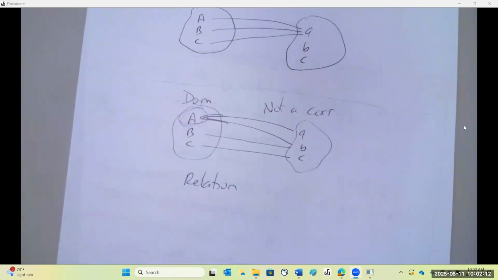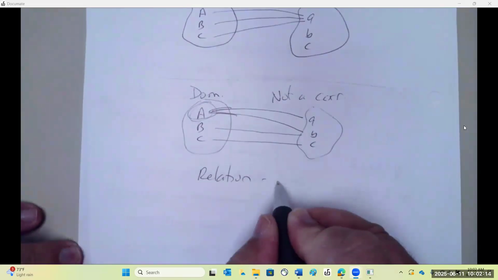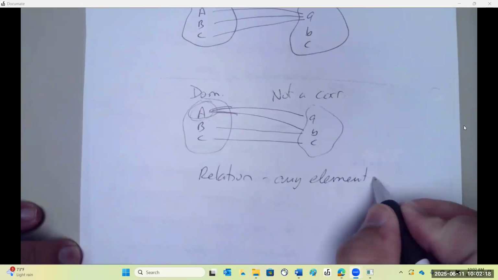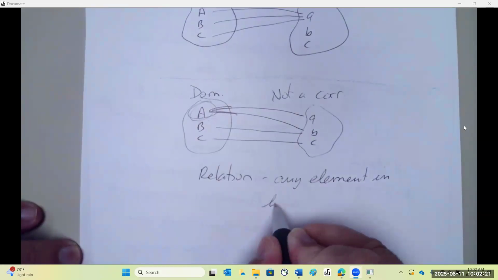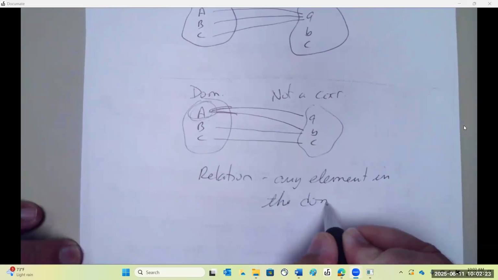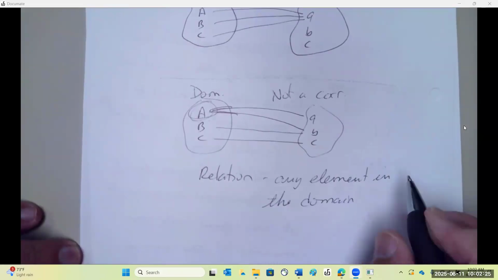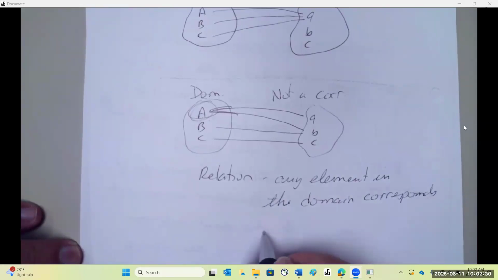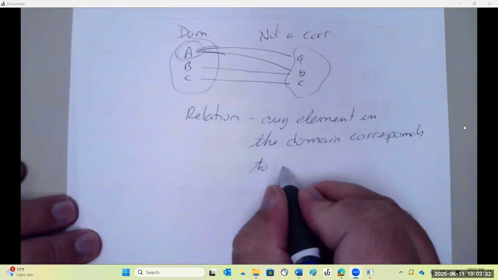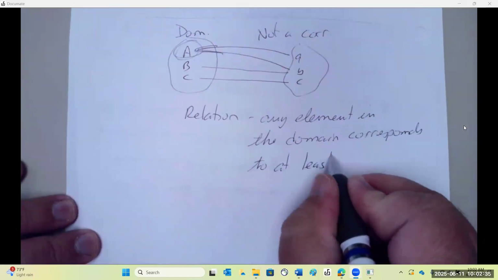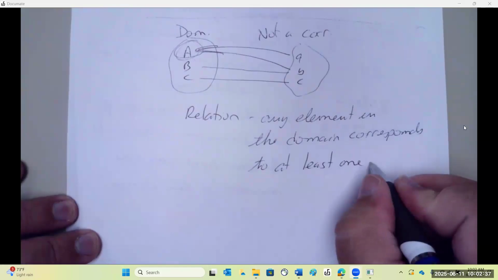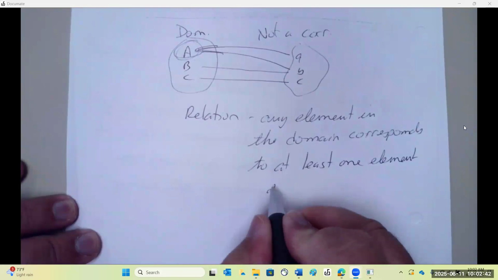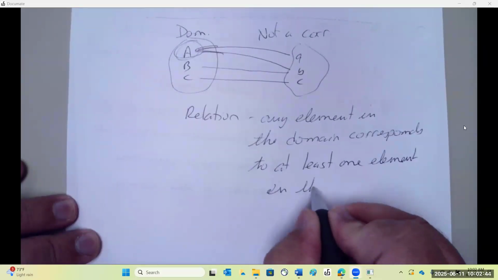So any element in the domain corresponds to at least one element in the range.